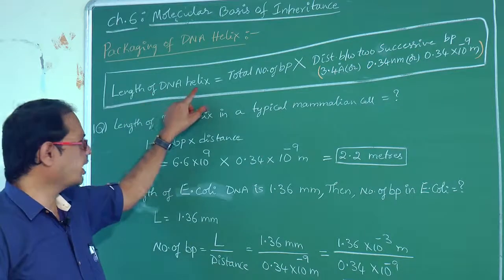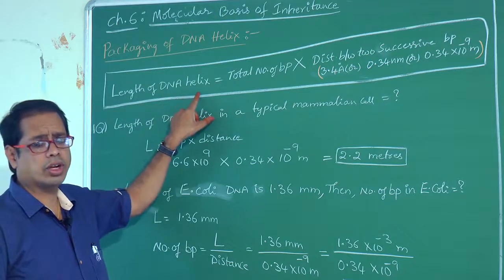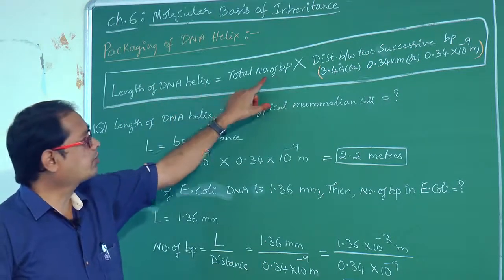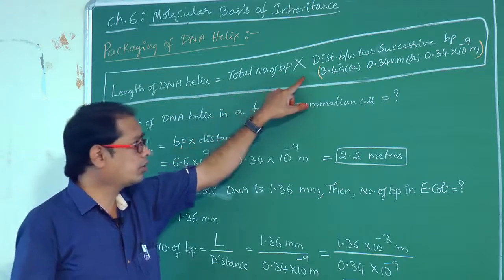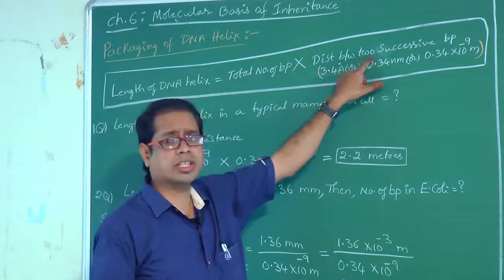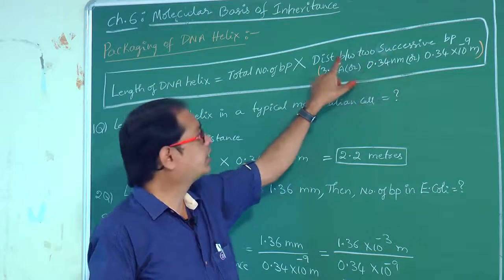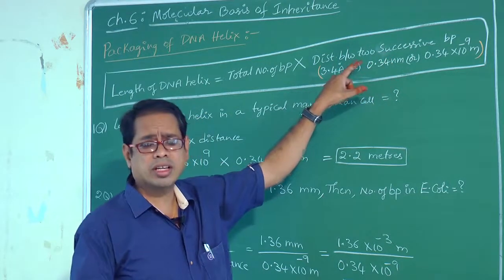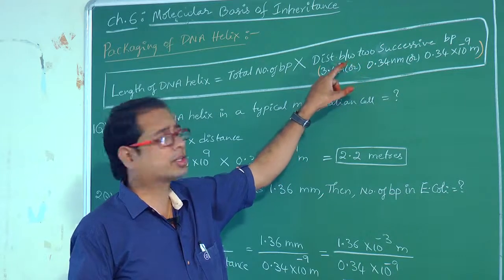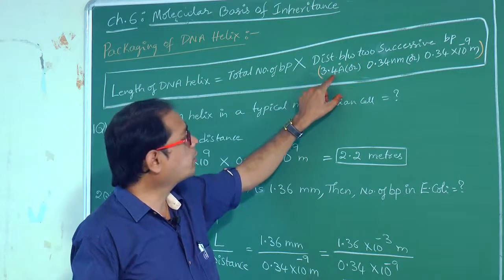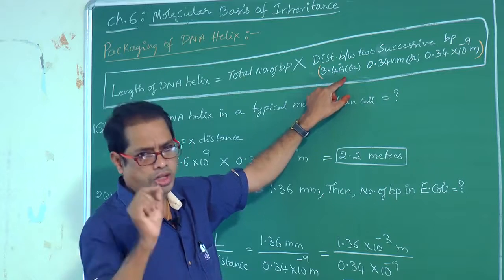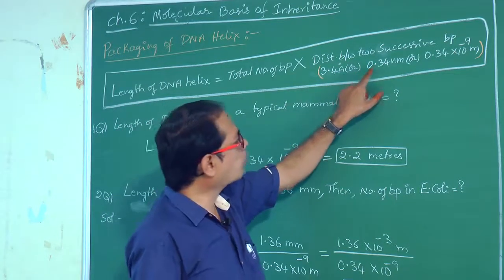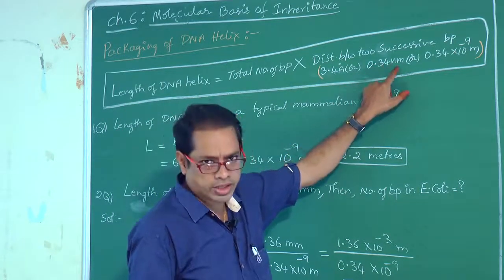Length of the DNA helix is equal to the number of base pairs times the distance between two successive base pairs. What is the distance between two successive base pairs? That is 3.4 angstroms, or 0.34 nanometers.